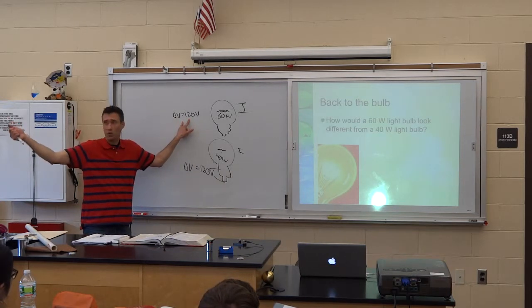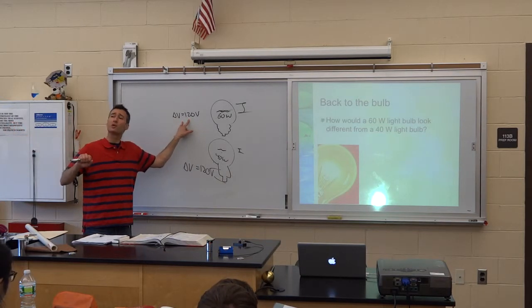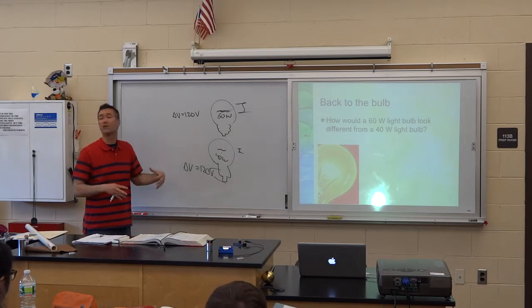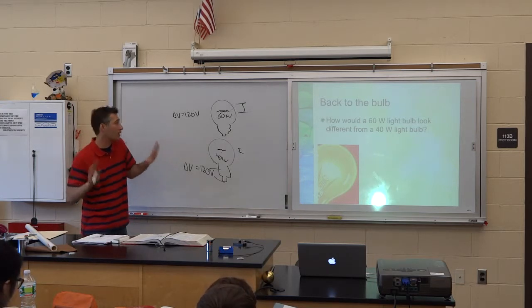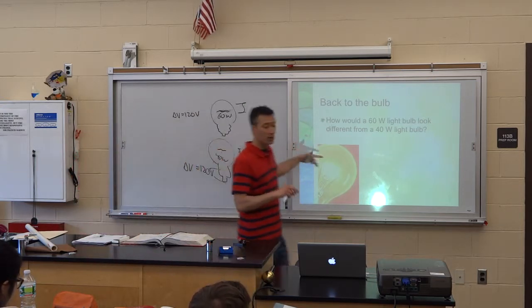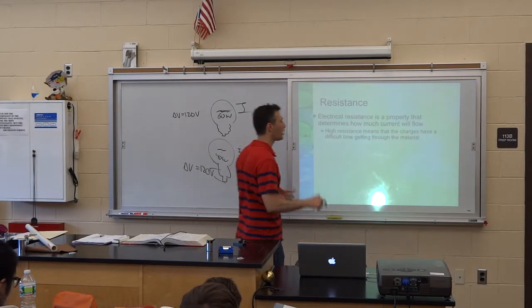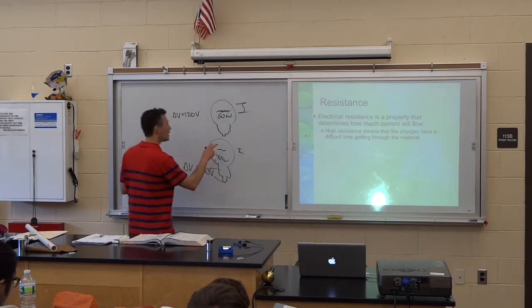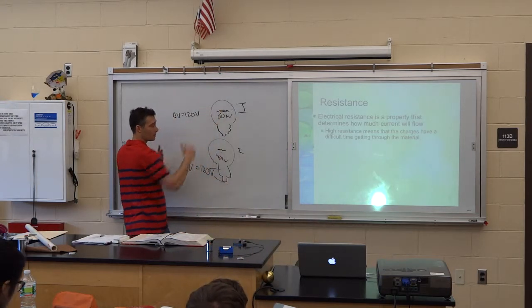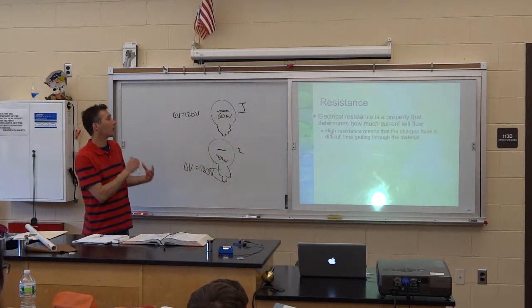We plug things into walls, 120 volts. There are things we could do about that, but that would have to be built into the thing that we're plugging in. We don't regulate that externally. The way that we control that is by having different amounts of what we call electrical resistance internal to our light bulbs, or internal to whatever we're using.